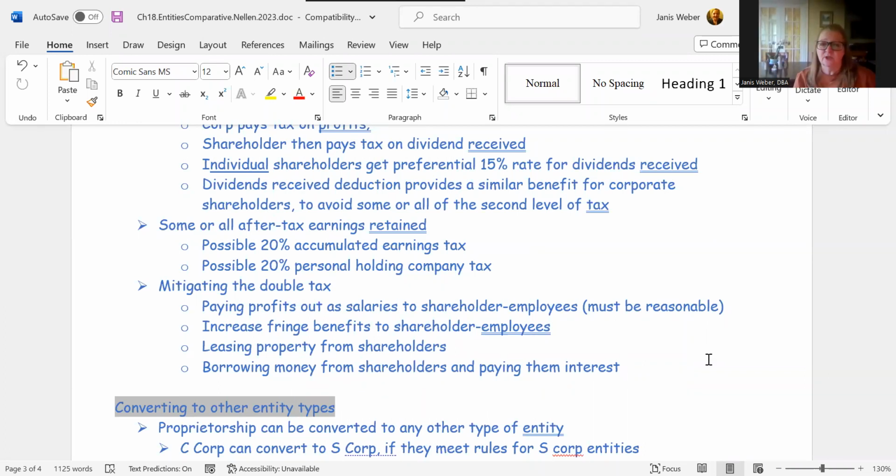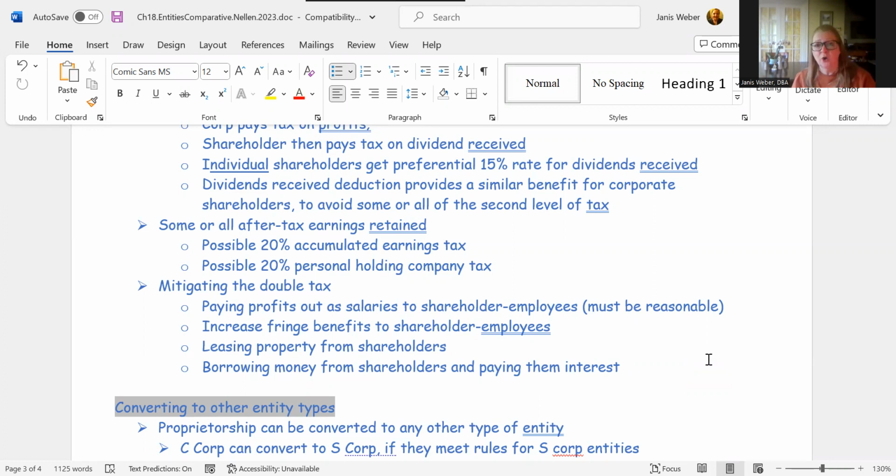The max rate is what's charged on these personal service corporations. So one of the things that has been done over the years to try to lower this penalty toward corporate form, a C corp form, is paying the profits out as salaries to the shareholders rather than letting it go out as a dividend. And so it has to be a reasonable compensation.